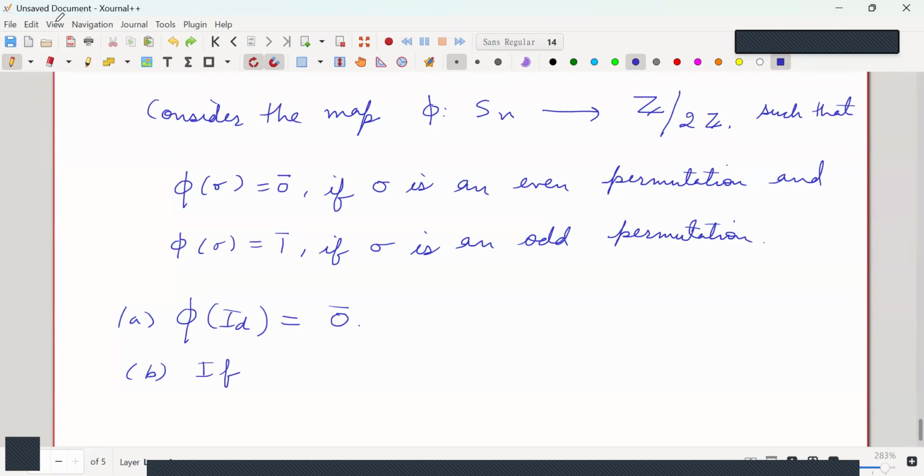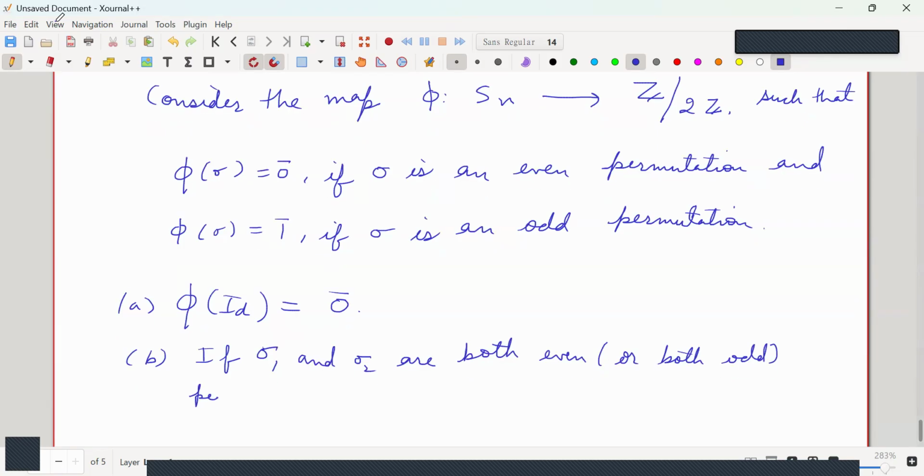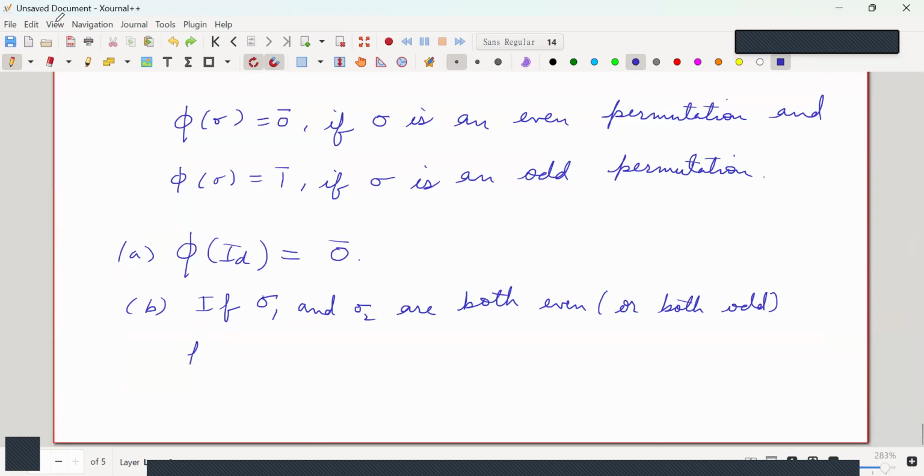So there will be many cases. First case is sigma 1 and sigma 2 are both even or both odd permutations.